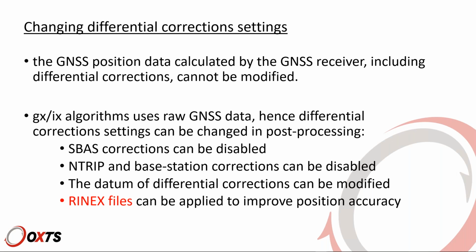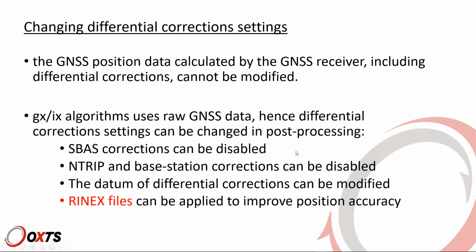You've logged that data, and that's it. GXIX instead will take only the raw data, and you can remove corrections if you wanted, or modify them or apply other corrections. So for example, if you had SBAS in real time, you can remove that.